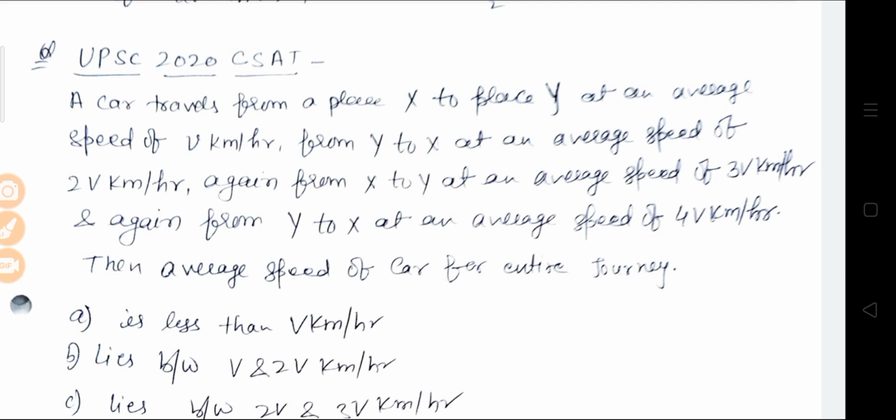A car travels from a place X to Y at an average speed of v km per hour, from Y to X at an average speed of 2v km per hour, and again from X to Y at an average speed of 3v km per hour, and again Y to X at an average speed of 4v km per hour. Then what is the average speed of the car for the entire journey?